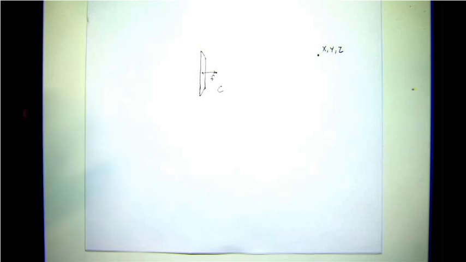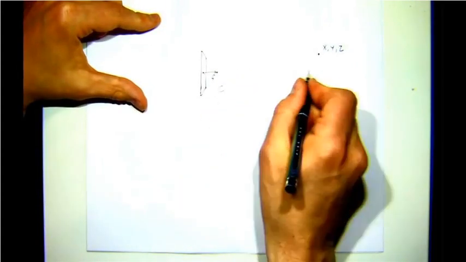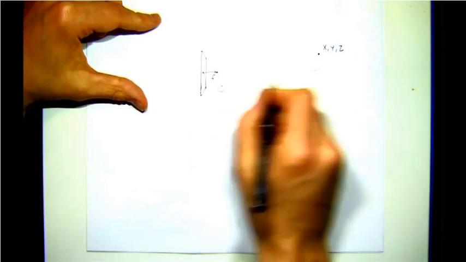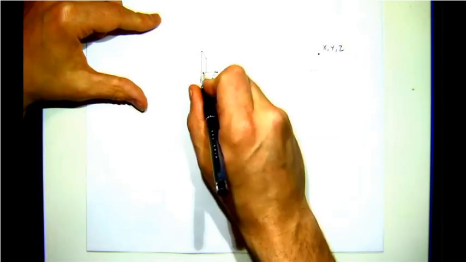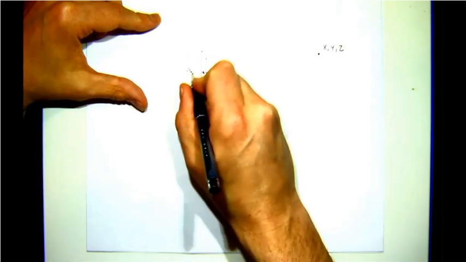Okay. If you pass a ray perpendicularly through the pinhole, it will intersect the image at a position called the principal point, which we denote u naught, v naught.